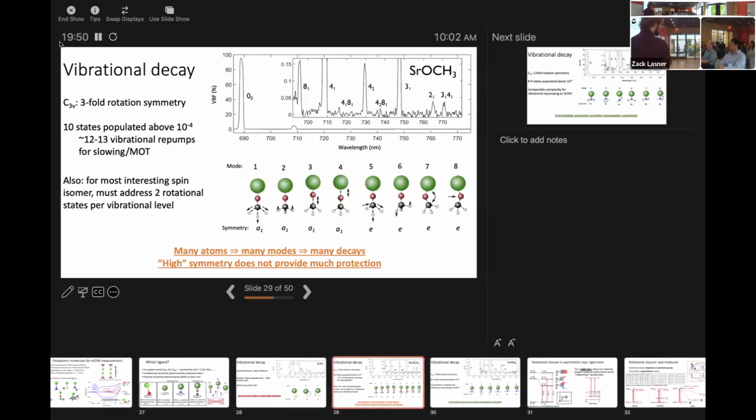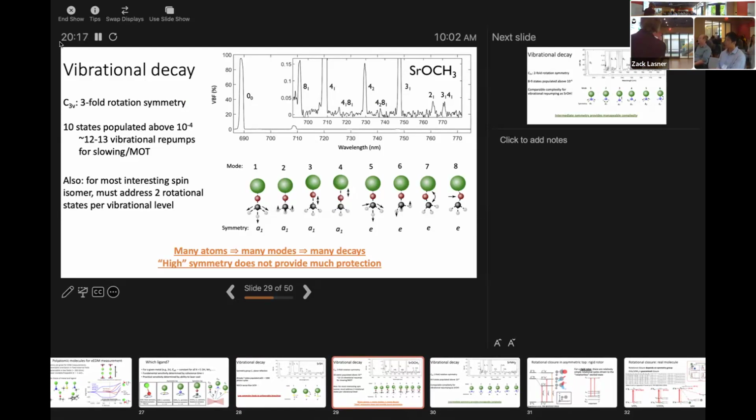A symmetric top molecule is in some sense the simplest. It has a threefold rotational symmetry, but unfortunately has a lot of atoms, this SROCH3 molecule, and that gives a lot of vibrational decays. Some of these are populated. This looks doable, actually, to laser cool. It's probably 12 to 13 vibrational repumps to get into a MOT, which is challenging, but I would say you could do it with tremendous effort.